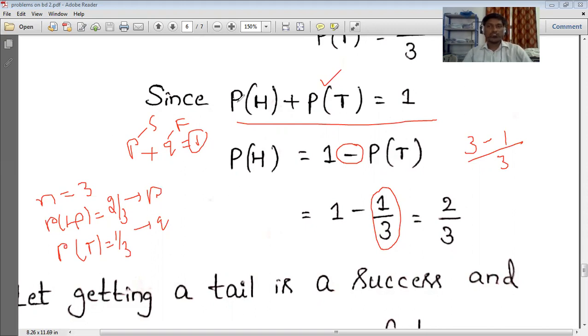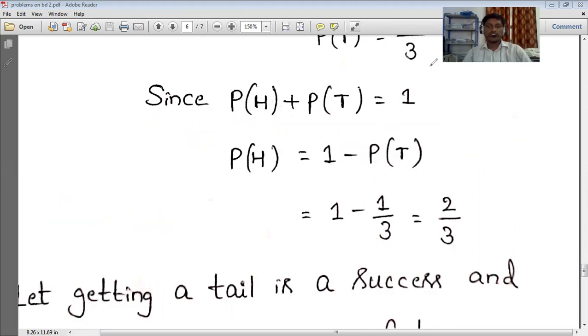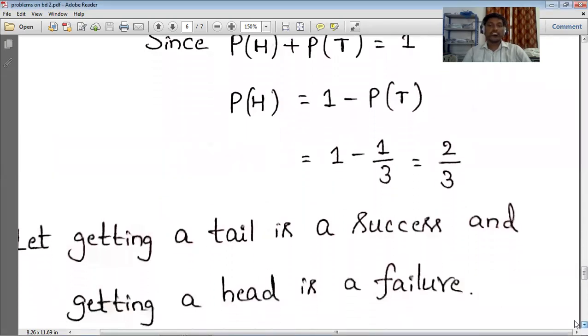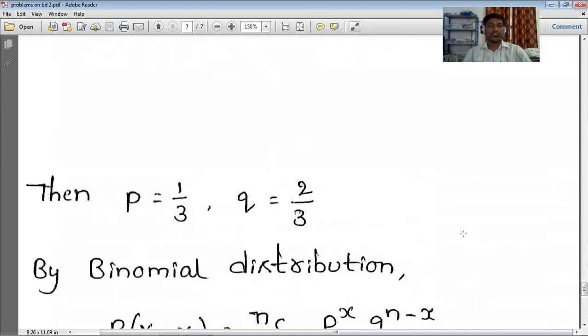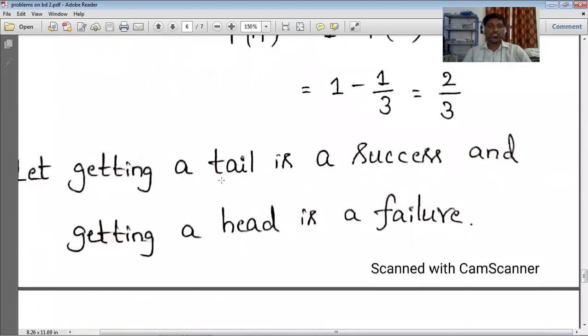Now see what we are taking as success and what as failure. Let getting a tail be a success. Generally head is chosen as success and tail as failure, but here we are choosing tail as a success and head as a failure.